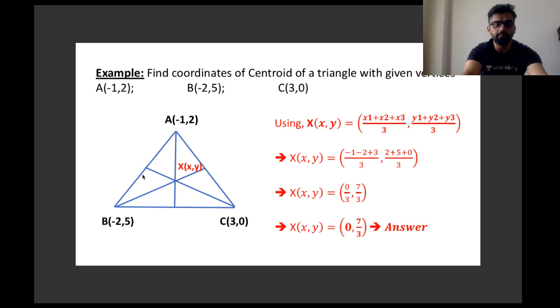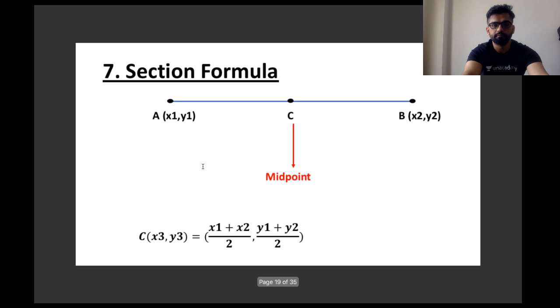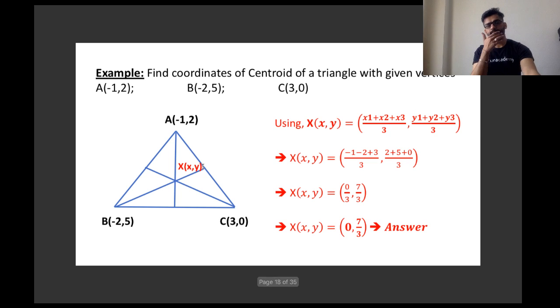That is minus 1 minus 2 plus 3 upon 3, comma, 2 plus 5 plus 0 upon 3. Answer is 0 by 3, 7 by 3, which is 0, 7 by 3 eventually. It is the coordinate of the centroid of this triangle. Very simple.